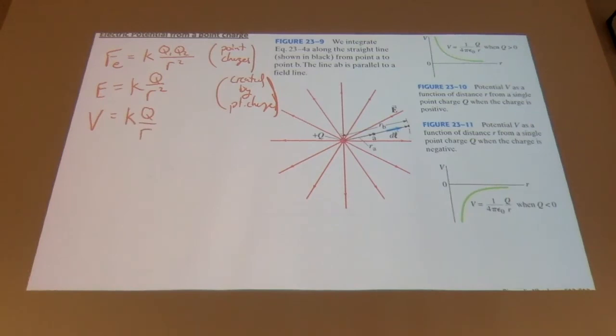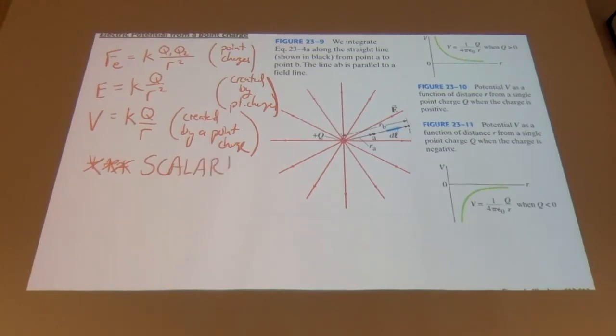It's simply KQ over R. So we get rid of that extra R that's in the denominator. And again, this is potential that is created by a point charge.